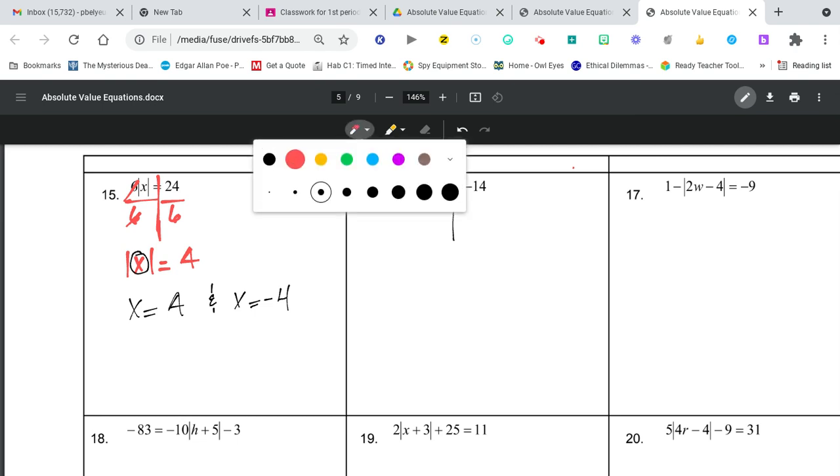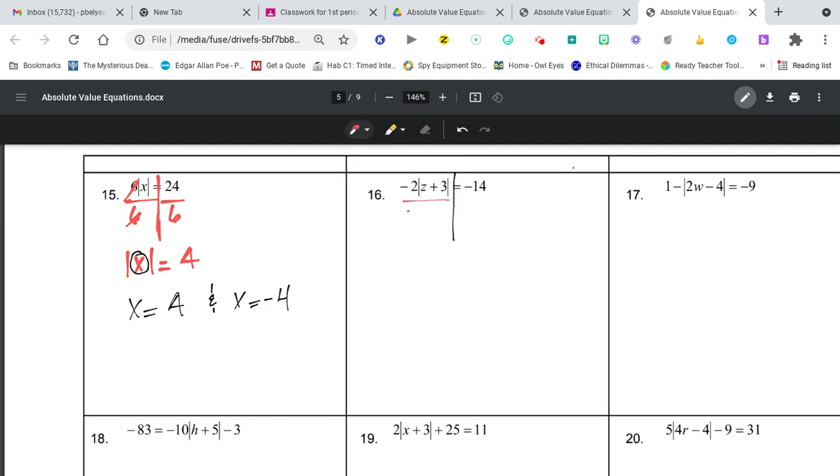So to get rid of -2, I'm going to divide both sides by -2. Now, I know some of you are looking at this number to begin with and saying, well, I thought distance couldn't be negative. Well, distance cannot be negative, but you don't have distance alone on the left side. On the left side, you also have a -2 attached to it. So you get rid of it first.